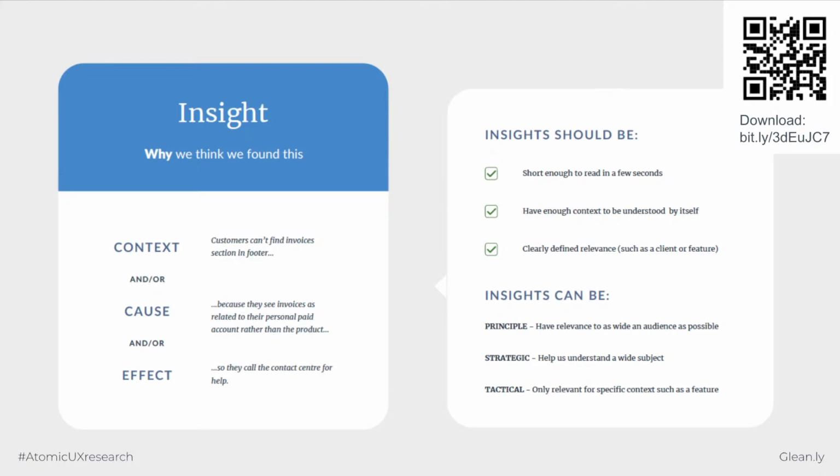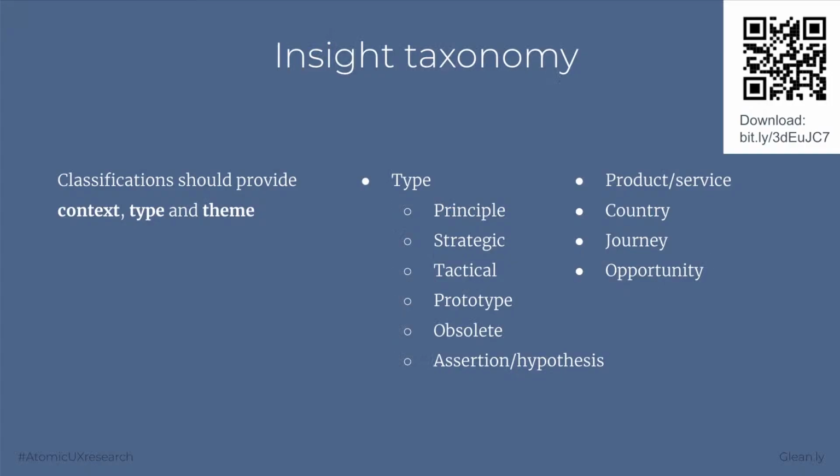What we try to avoid is just using an insight as a way of summarizing the data. You, of course, can do that, but I find it's most useful when we also go, this is what we found, and this is why we think that is, and what we think the effect of that is, okay?